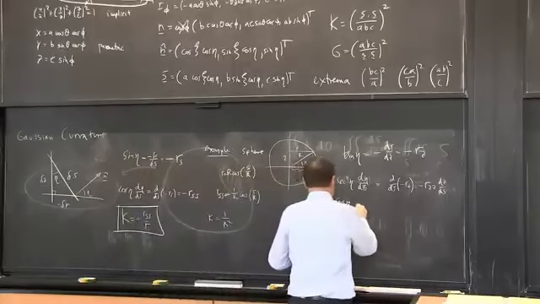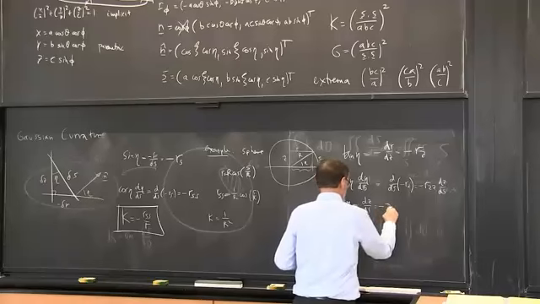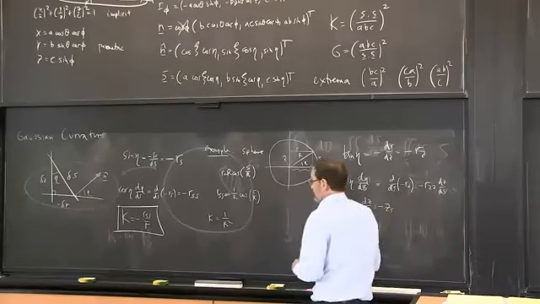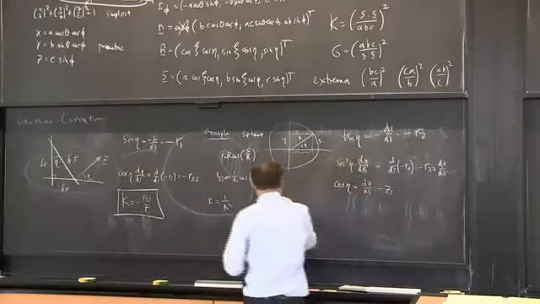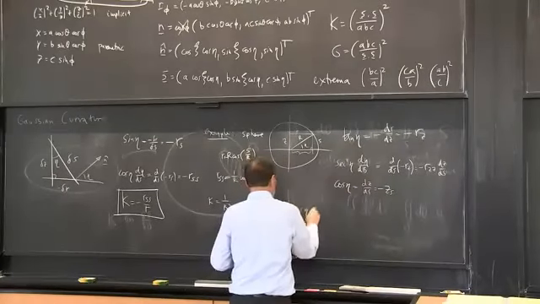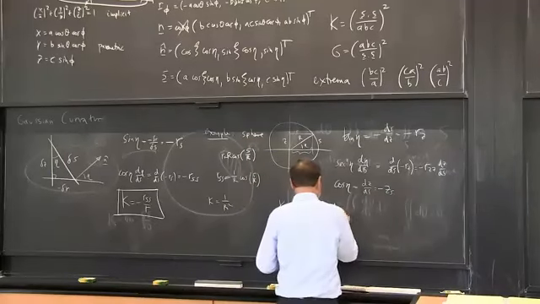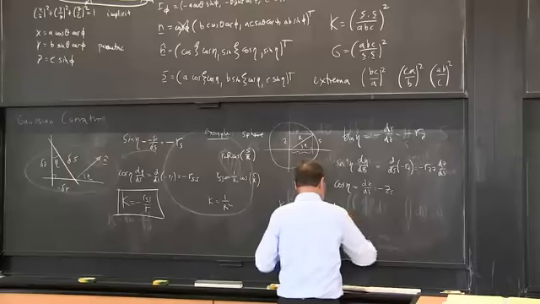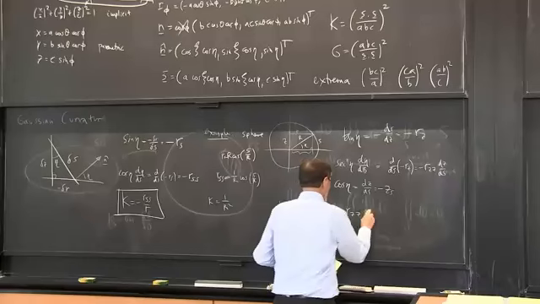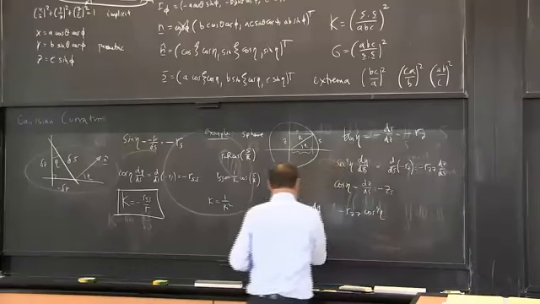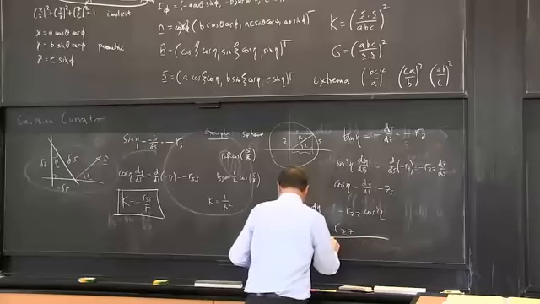And then putting it all together, I get rzz cosine to the 4th of eta, and so k ends up being, this formula is slightly messier than the other one.